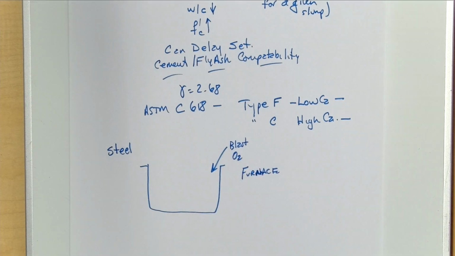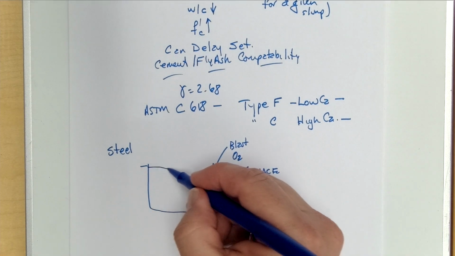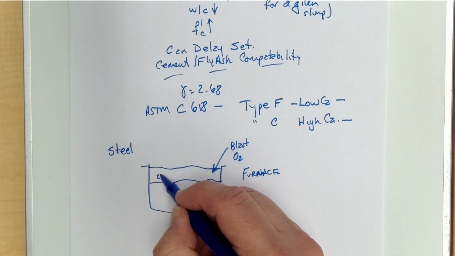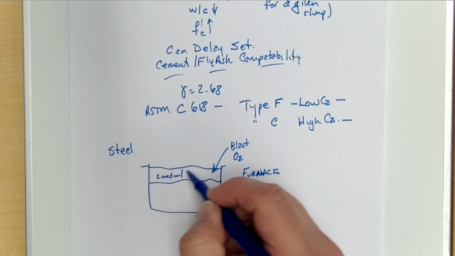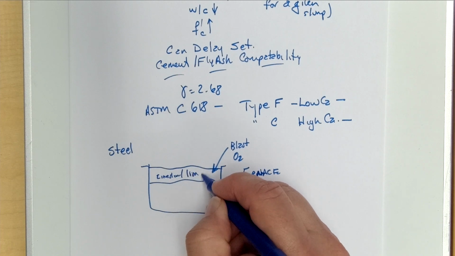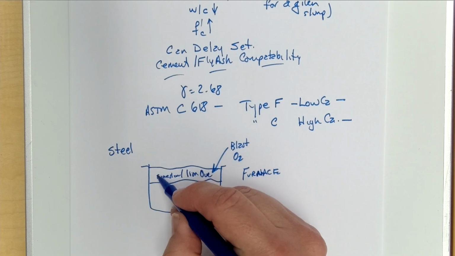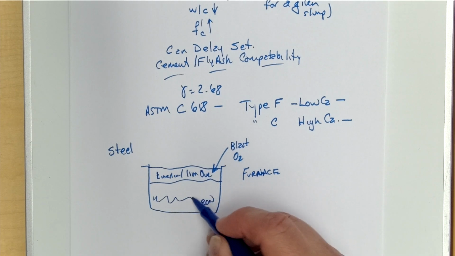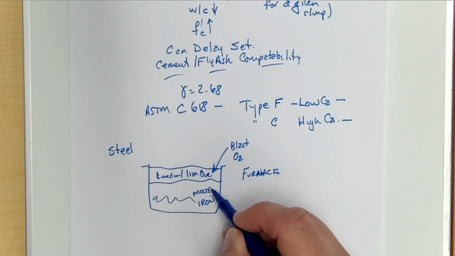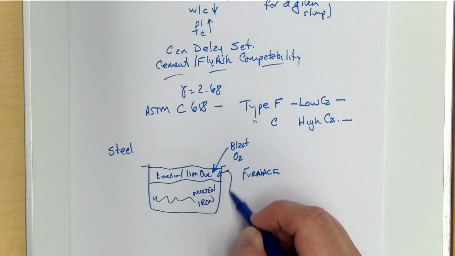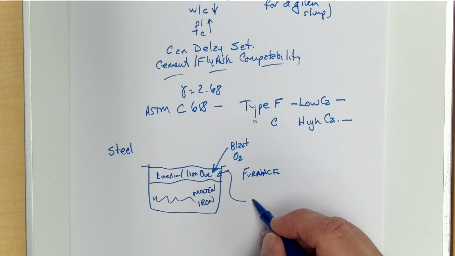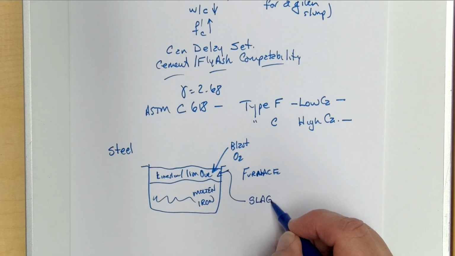We're blasting in air, but we only care about the oxygen. Sitting on the top of our iron ore material and some limestone, down here we have iron, molten iron. And up here we have the non-iron components that came in with our iron ore, and this is called slag.